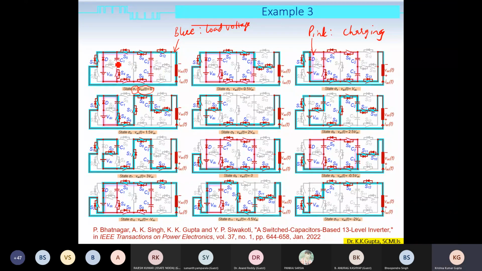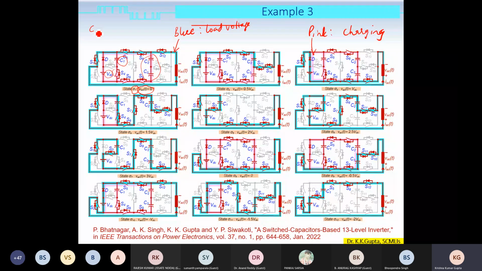At the same time, I have turned on the switches S4, S6 and S9. What is happening here is that C1 is in parallel with VDC, the input DC voltage, and a series connection of C2 and C3 is also in parallel with the source VDC.